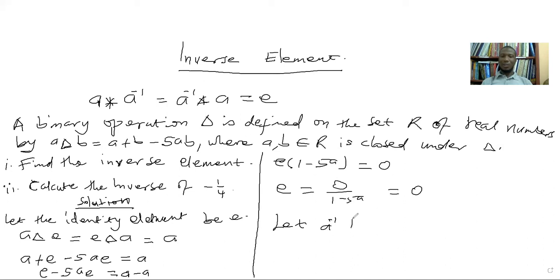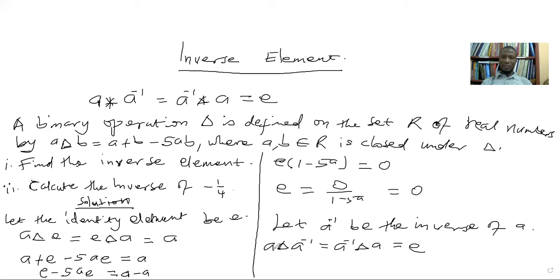So let this be the inverse of A. Or if you are writing it like the way I did first, we will say that if this is the inverse of A, then it's all the same. So based on this, we can say that A delta A inverse should be the same as A inverse delta A, and that should give us our identity element. That is a basic assumption for inverse element.